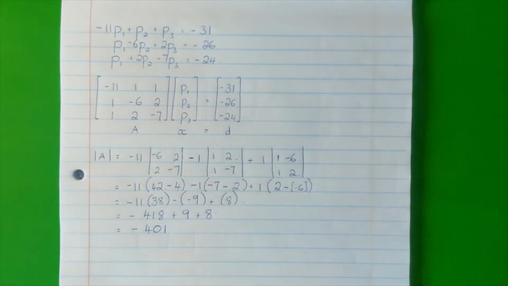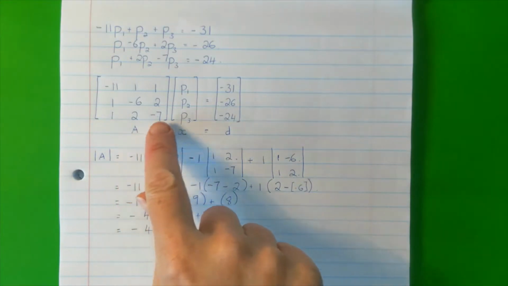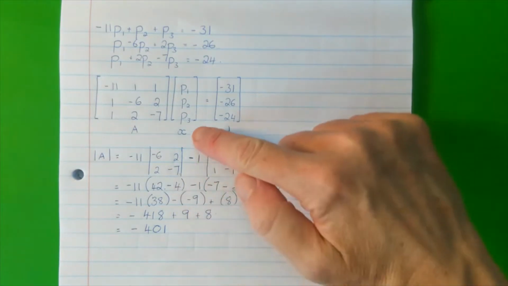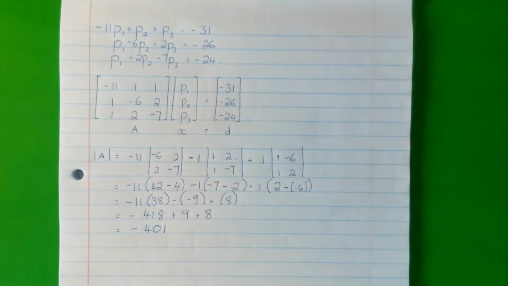And we can see here that the value of the determinant is not 0, which tells us that an inverse exists for this matrix here, and we can go ahead and calculate the unique solution values of P1, P2, and P3.